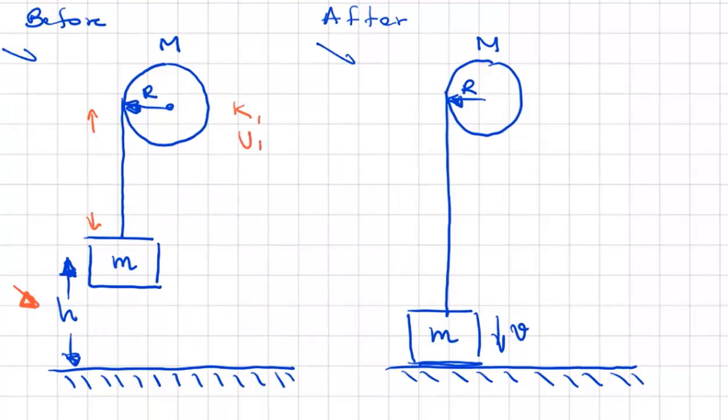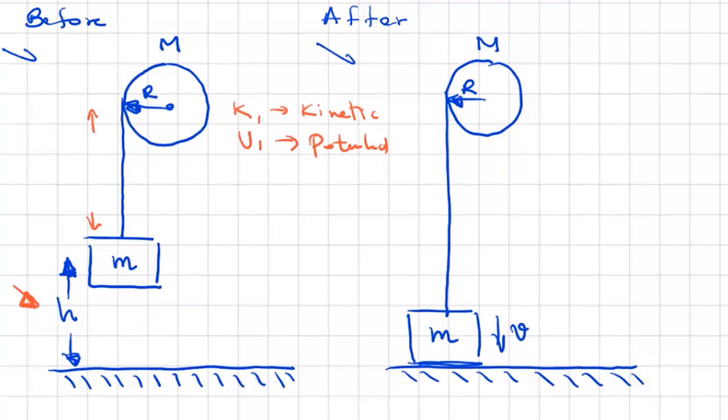We call this kinetic energy, and this is the potential energy. So we will see how we can write these energies for each situation of this problem.